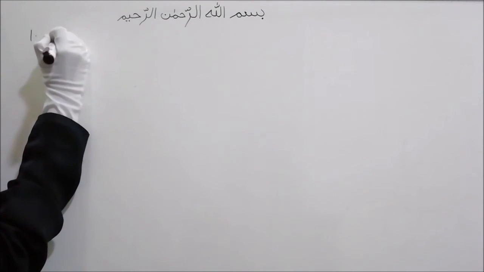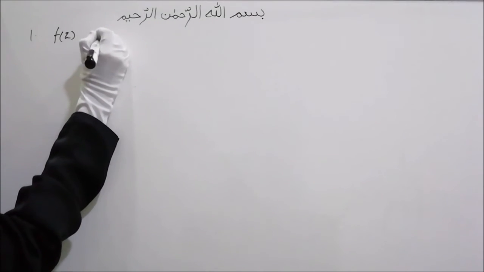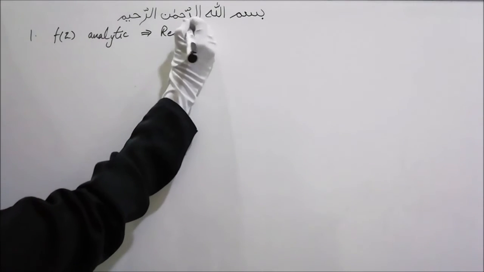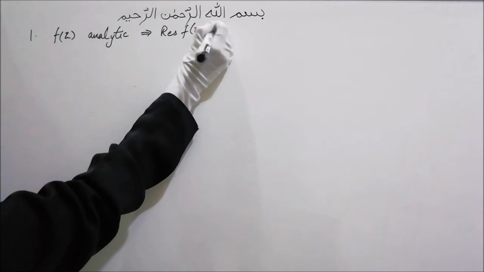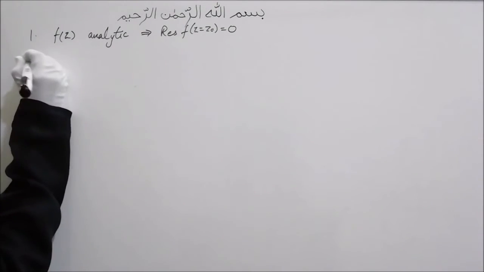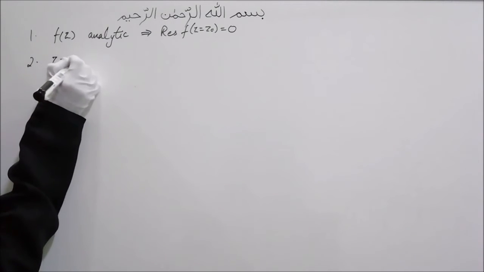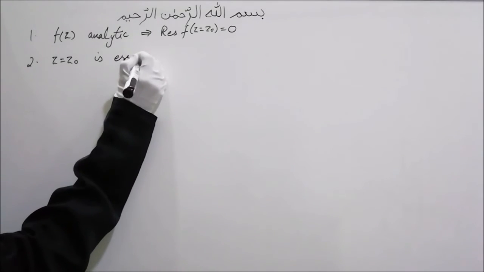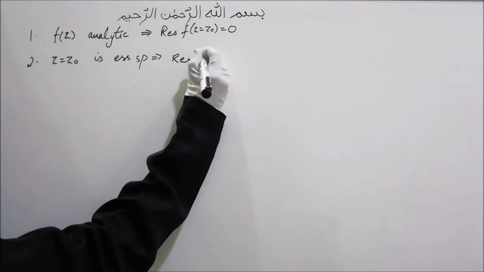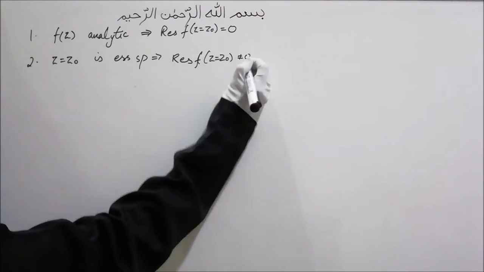Now if a function f of z is analytic at the point z equals to z0, then the residue of the function at z equals to z0 is equal to 0. Second, if z equals to z0 is an essential singular point, then its residue will be equal to 0 or not equal to 0.